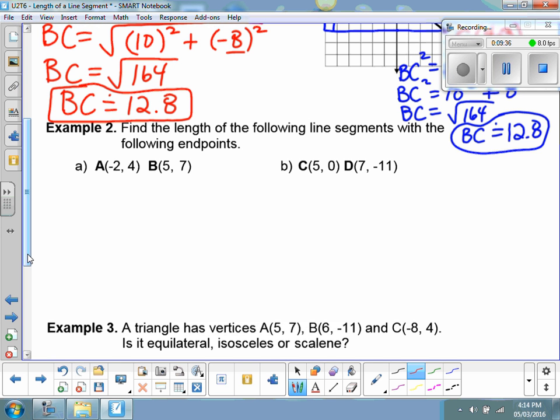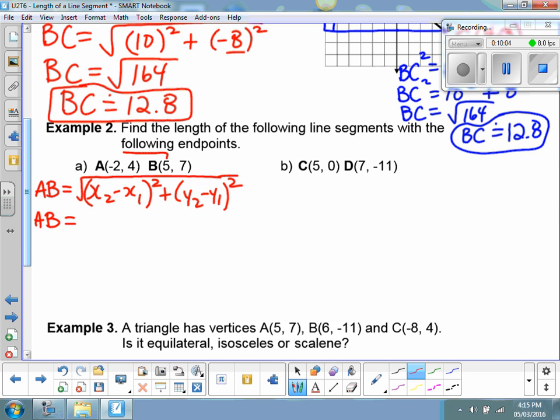Okay, so I will run through these two guys, and then I think we'll do example 3 as a warm-up tomorrow. So here I've got AB equals... okay, so for AB here, I'm going to go in this direction.